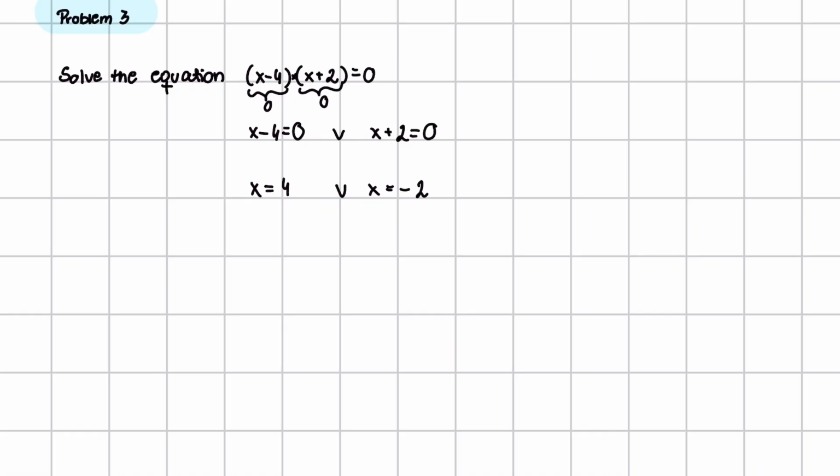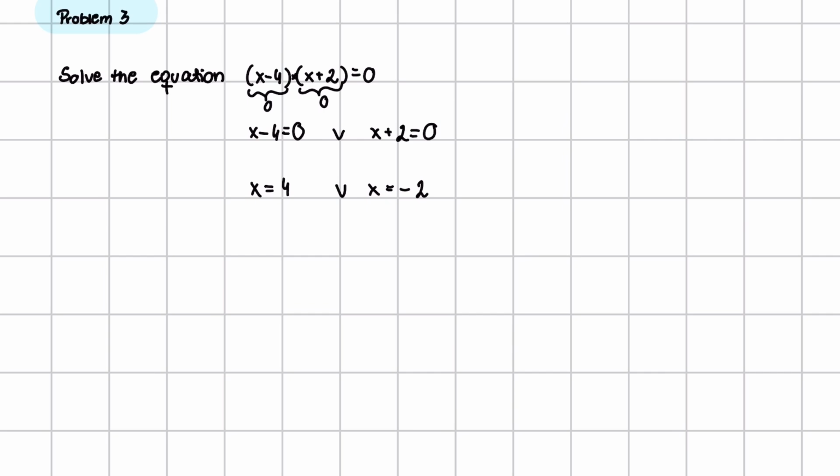So our x has to be 4, or x has to be minus 2, this or this, because when we have x equals 4, our first bracket is 0, so it doesn't matter whether the second bracket is positive, negative, or also 0.